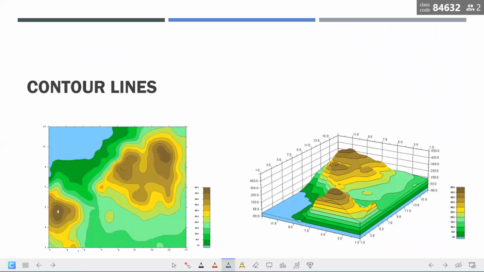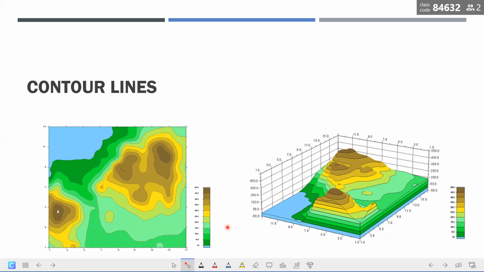If you put those contour lines into 3D software, or if you visualize it in 3 dimensions, these two illustrations represent the same area, except that this one is in a two-dimensional plane, whereas this is a 3-dimensional visualization.